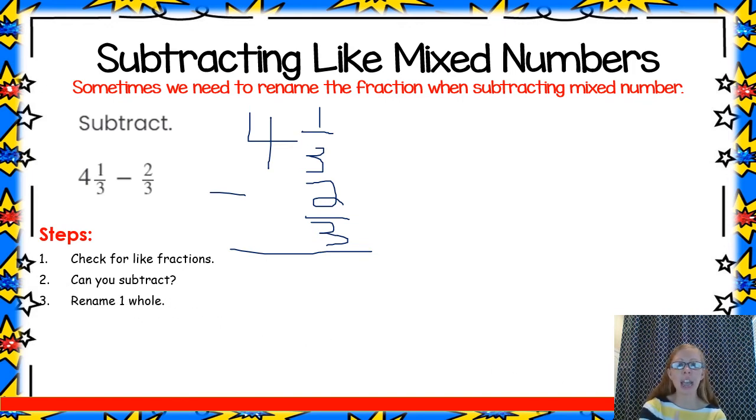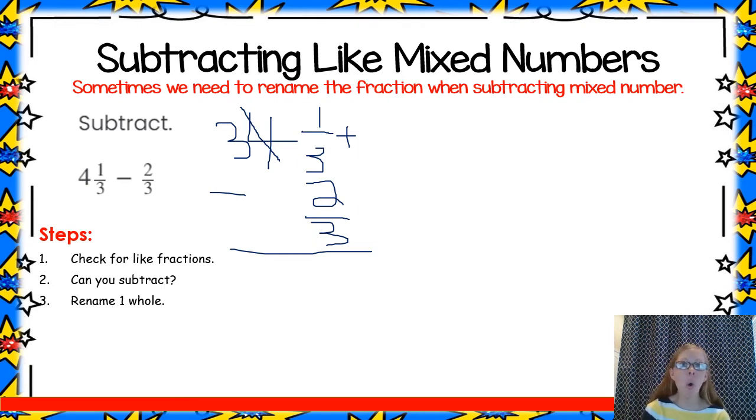So just like I would if I were subtracting whole numbers, I'm going to go to the number next door and I'm going to do some regrouping or renaming. I'm going to rename this one whole here. I'm going to come to my 4, cross it out, take one whole away, change that into a 3, and I'm going to add that one whole to my 1/3 that I already had.